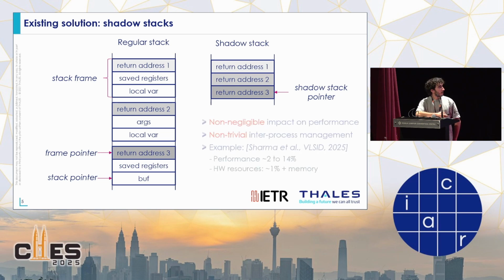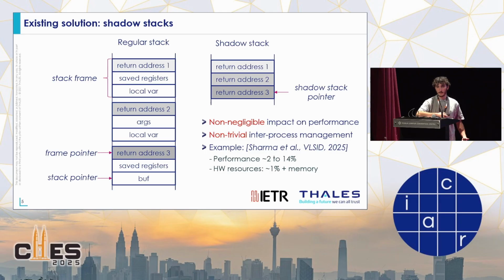So the main issue with shadow stacks is they have a non-negligible impact on performance, especially true for software shadow stacks. And for shadow stacks that are done using ISA extensions or through hardware-assisted implementations, they have a non-trivial inter-process management because you need to have one shadow stack per process, and this can be tricky because you need additional secure memory space all the time.